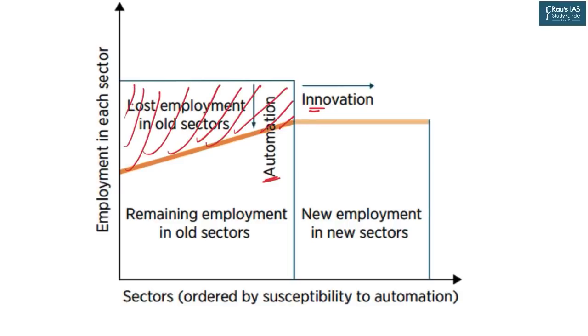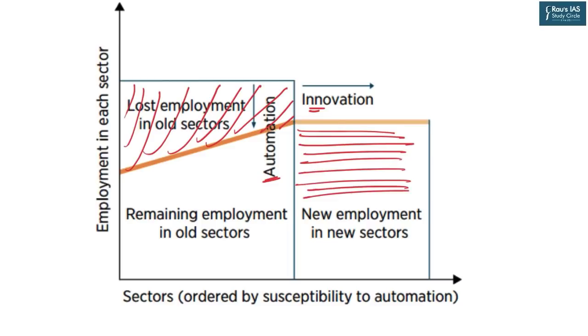The lost jobs should be fewer than the jobs that are getting newly created. If that is the case, then the workforce will not have to be employed in low wage, low rewarding jobs, but rather in high end, high skilled, well paid jobs with social security in the industrial and service sector.